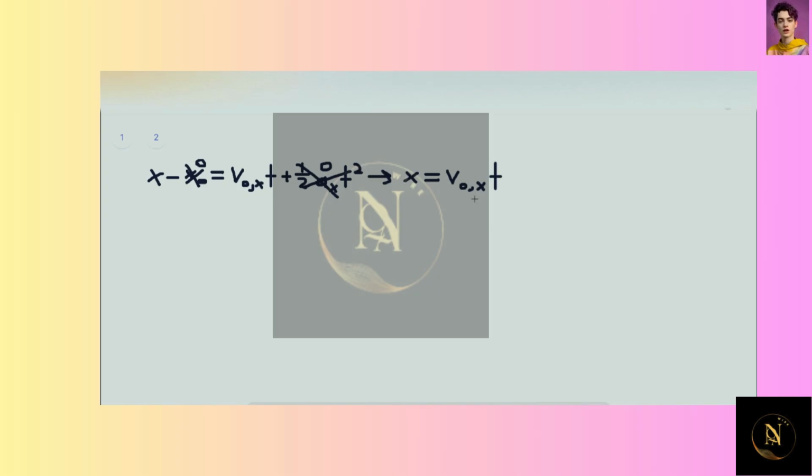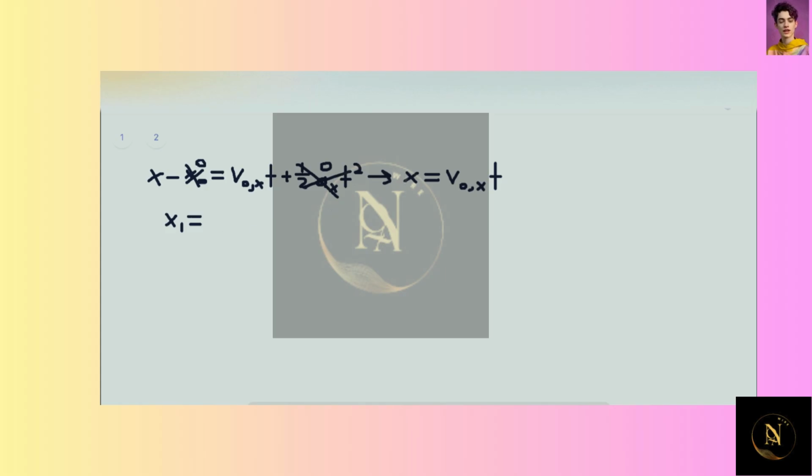So now what we can do is we can find the two distances we were being asked by plugging in the two different times here. Okay. So let's call this x1 for the first distance. So for x1, I'm going to plug in the v0 comma x times the first value for t.